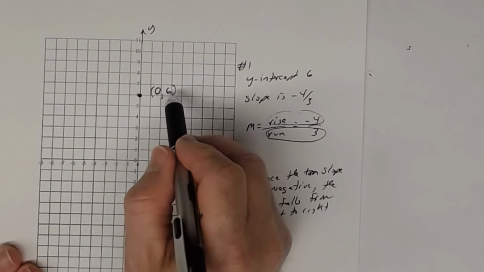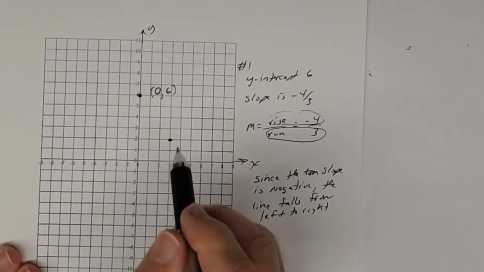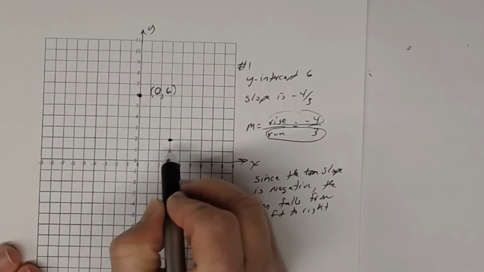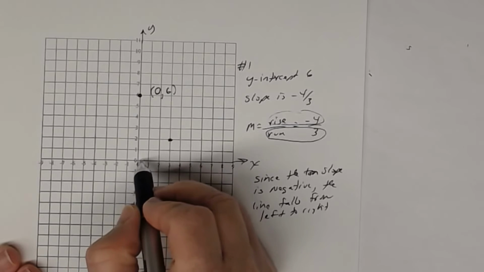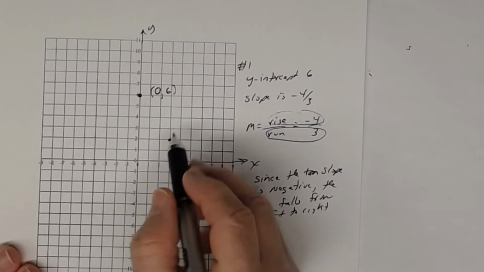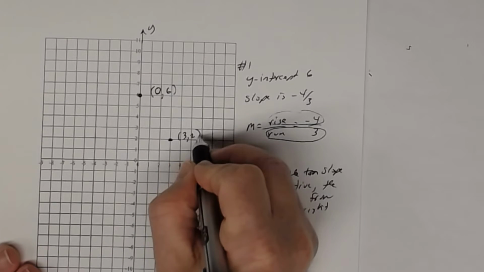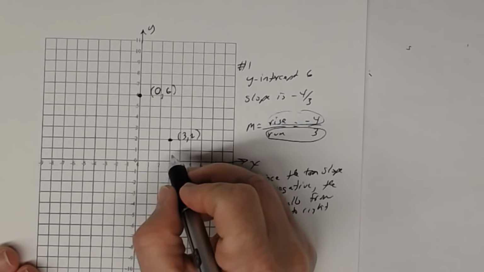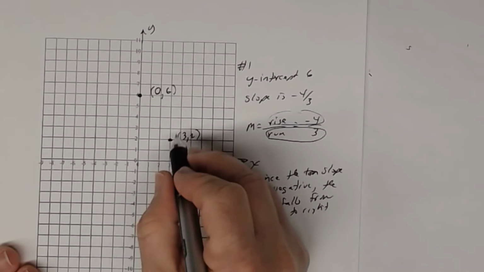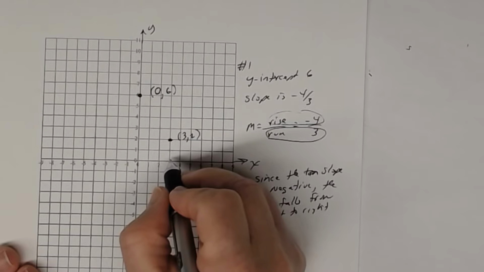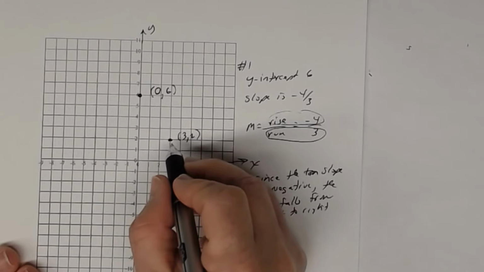Y is 6, so notice it's in the y place. Over here, to label the coordinates of this point, you always start at the origin. So I'm going to go to the right 3 and then up 2. So that'll be 3, 2. So x is 3, y is 2. X is right, left; y is up, down. So positive 3, up 2, positive 2.